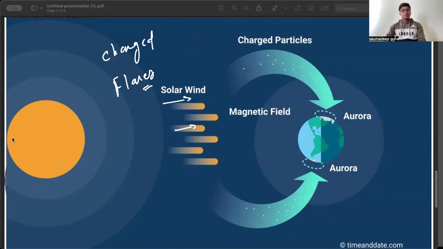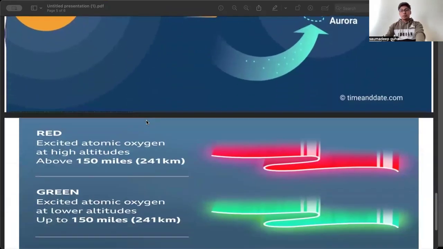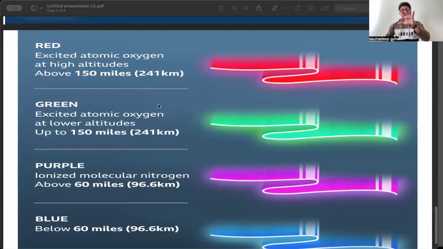And due to that, what happens? Those charged, high energetic particles tend to react with the atmospheric oxygen. Now this is where the color spectrum comes from. Try to understand. So you see, the red color is when it is occurring at this height. And why at this height?